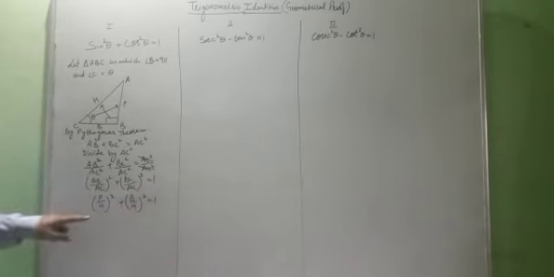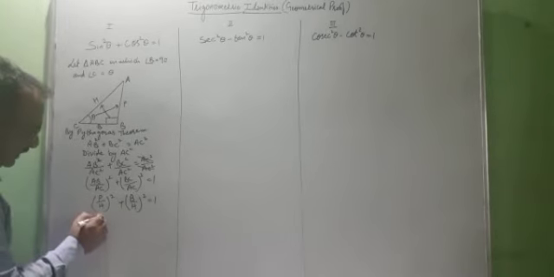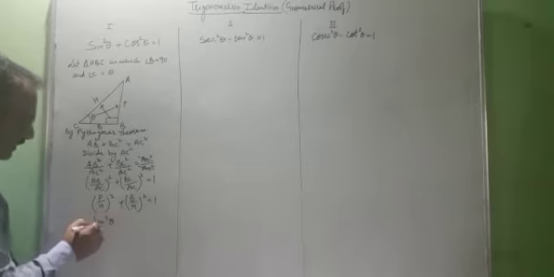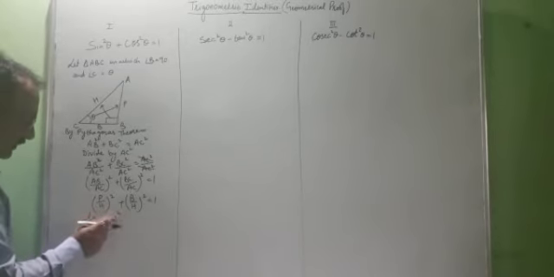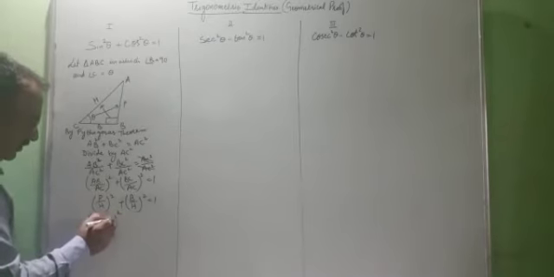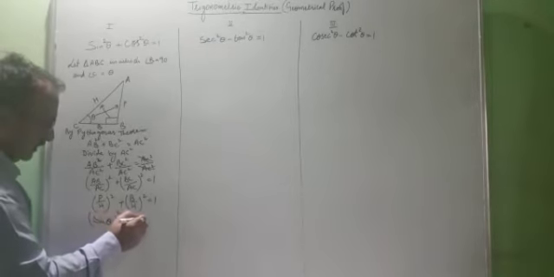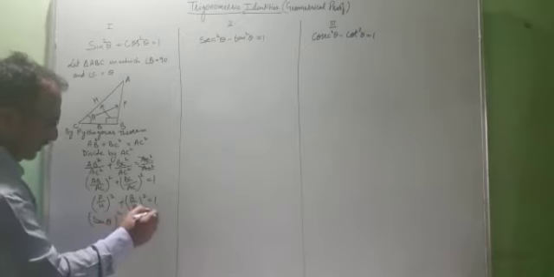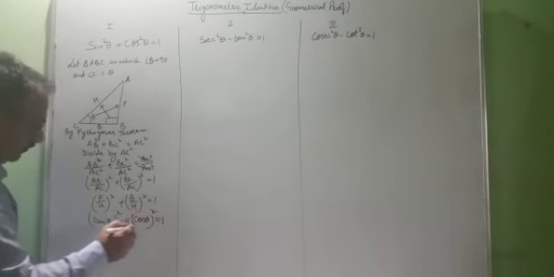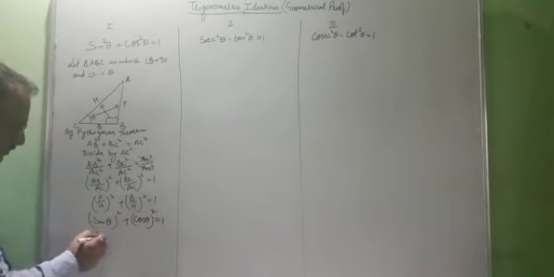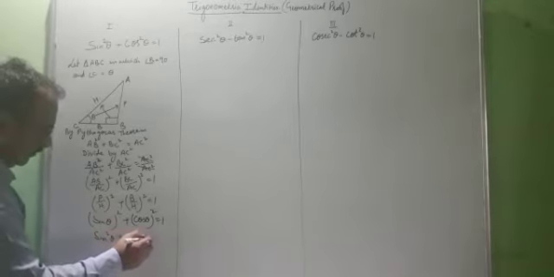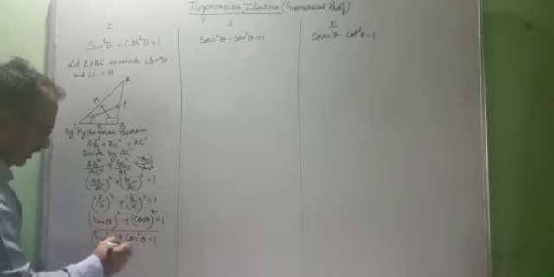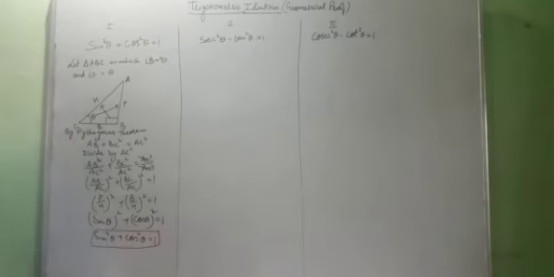Now P upon H is sine theta, so sine theta whole square plus cos theta whole square equal to 1. So sine square theta plus cos square theta equal to 1. This is the proof of the first identity.